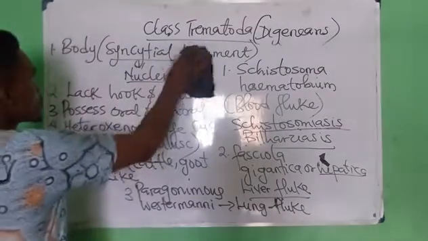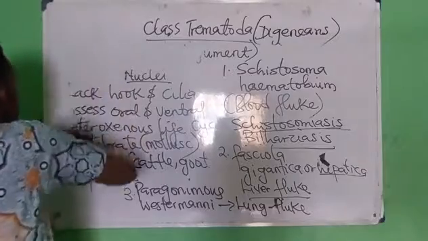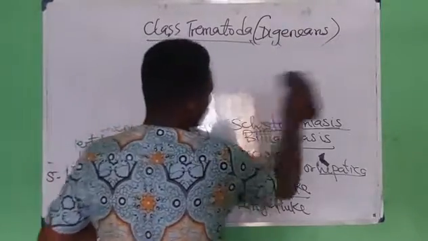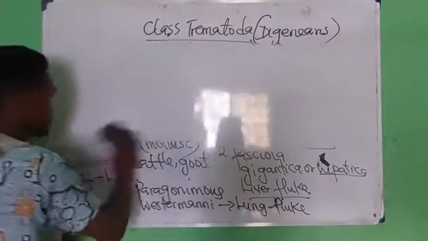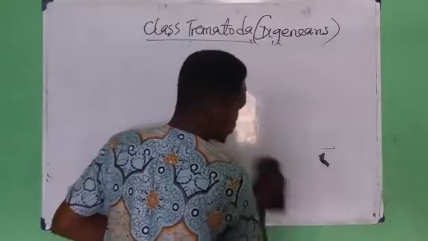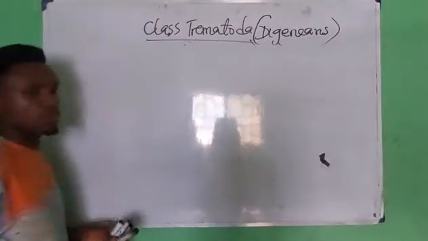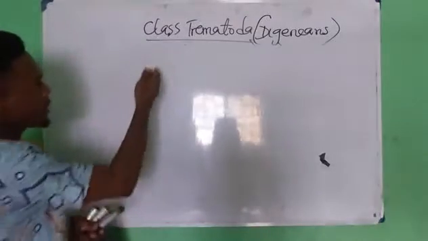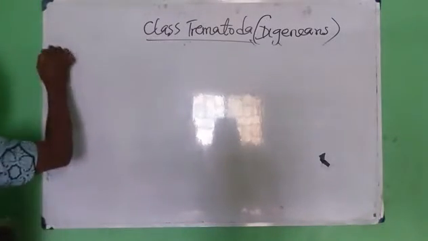Please, what I've given us is just the general features of this class Trematoda. The most commonly known member of this class is Fasciola gigantica or Fasciola hepatica. It is a representative member of class Trematoda. What do I call it?